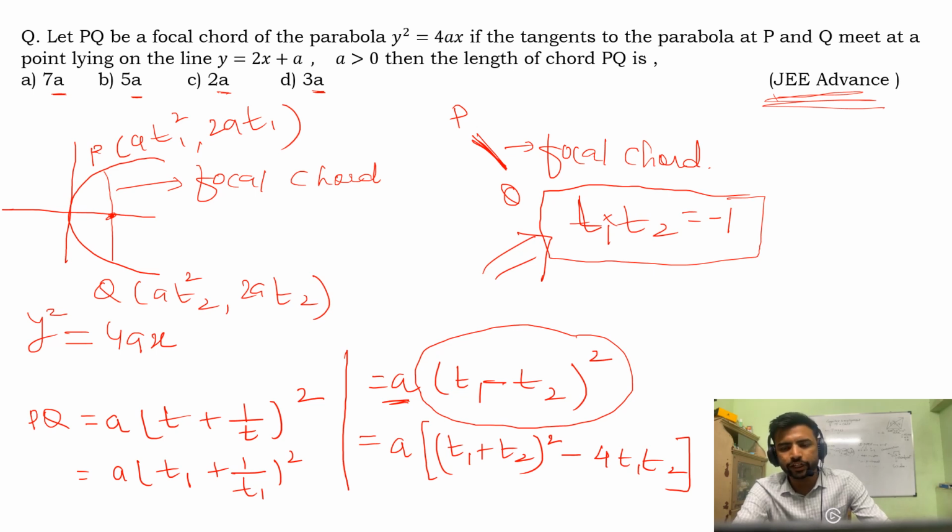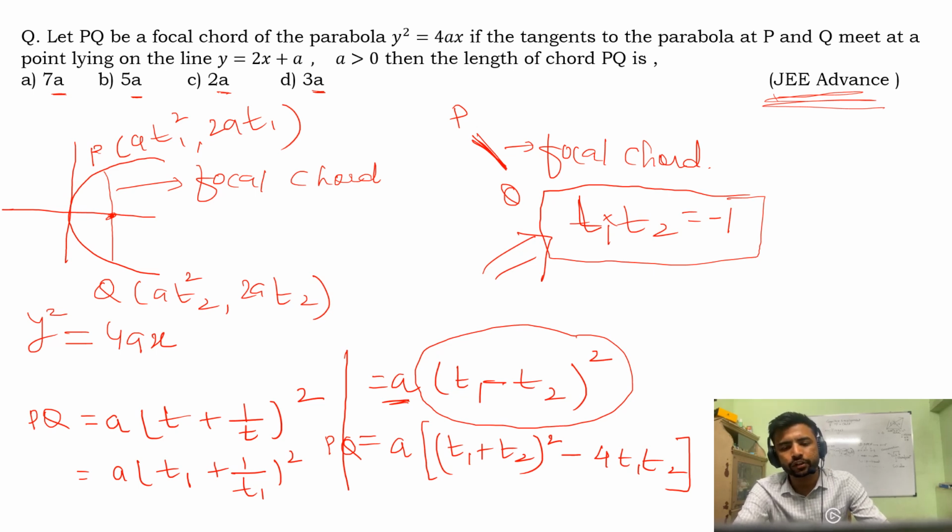We have to find just the values of t1 into t2 and t1 plus t2. If we can find these, then we will put the values of t1 plus t2 and t1 into t2 in this equation, and we will get PQ.